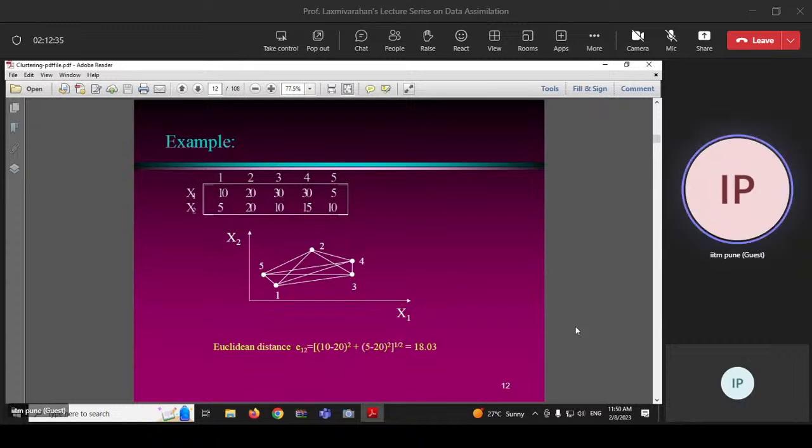Now let's talk about how we measure similarity. Similarity can be measured in many ways. If two objects are correlated, they are very similar. Objects are represented by vectors. If the correlation between the vectors is large, then they are very similar. If the correlation is very small, then they are less similar. Another way of measuring similarity is the angle between the two vectors, the cosine of the angle.